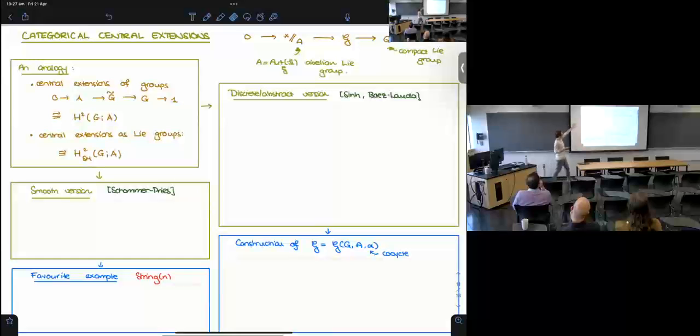This is an analogy to the more classical story of central extensions of groups, which we know are classified by H2 as abstract groups. And if I want to take central extensions as Lie groups, then I need to consider the group cohomology with topology. So this is SM, for Segal-Mitchison cohomology.